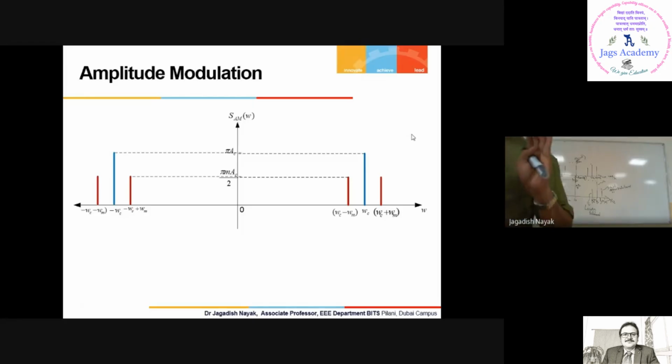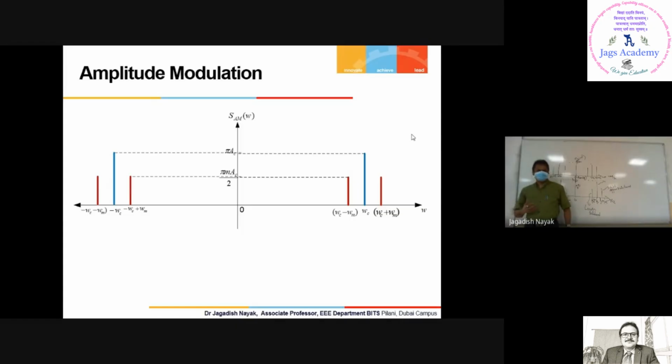You need to know the spectrum of any transmitted waveform. This is the spectrum of the transmitted waveform once you do the amplitude modulation of the message signal. So now you can see when the modulated wave is transmitted, it has multiple frequencies.